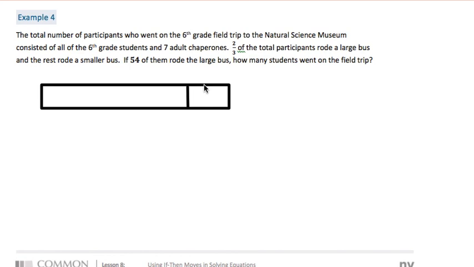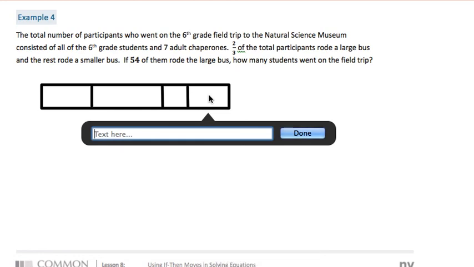And it also said that 2/3 of the total participants rode a large bus and the rest rode a smaller bus. So we'll divide the total tape diagram into thirds. Keeping in mind that this little section here were 7 adults.